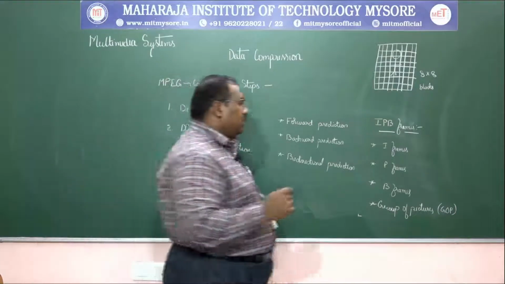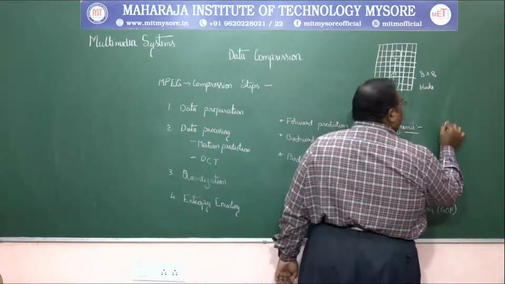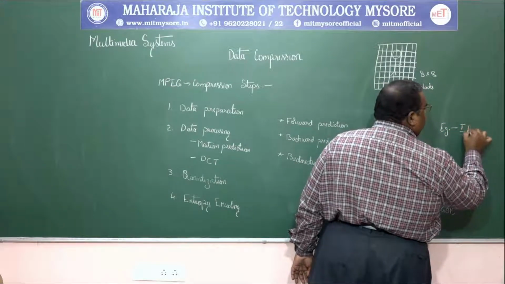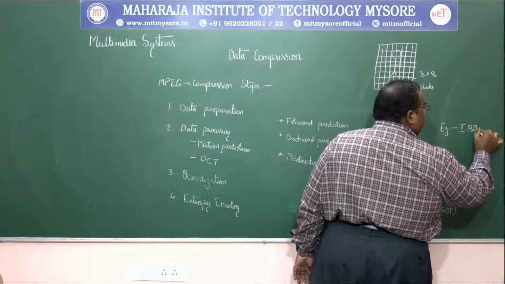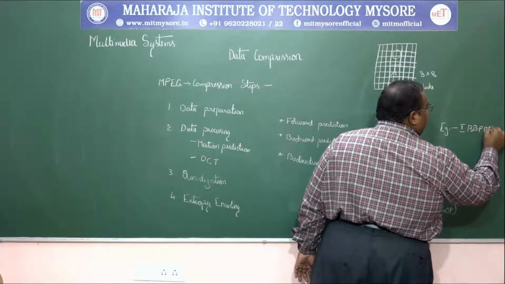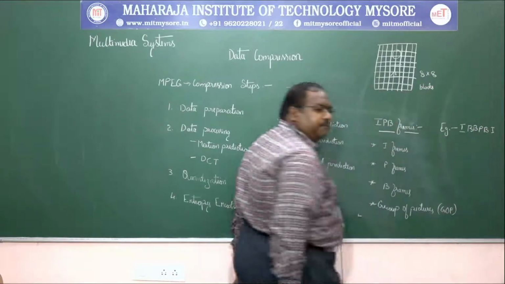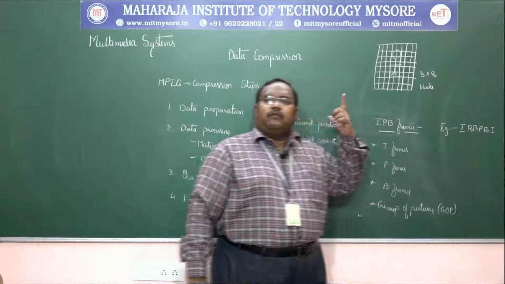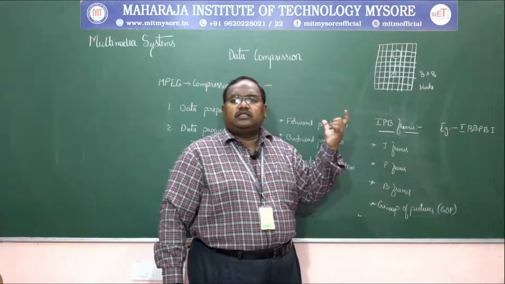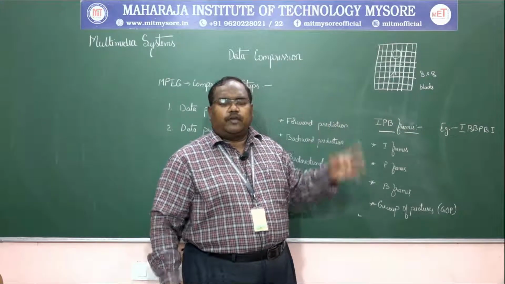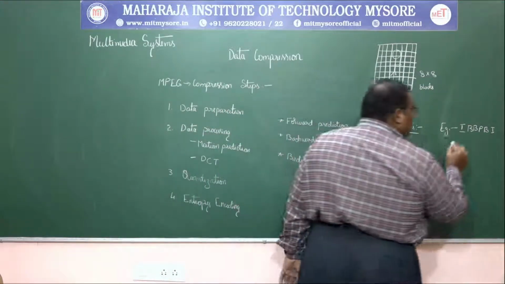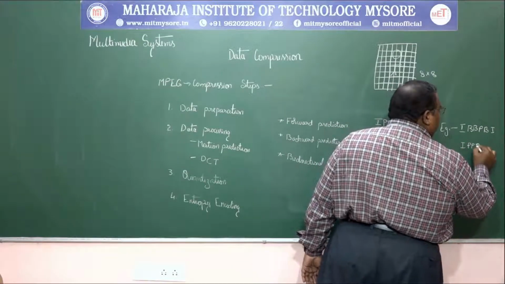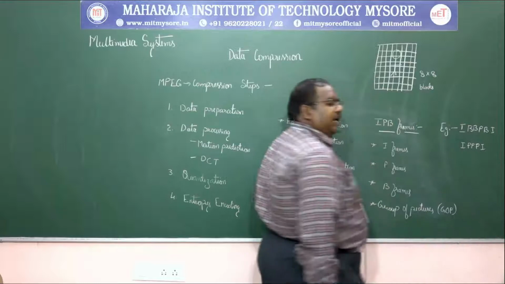For example, I write here an I frame, two B frames, a P frame, a B frame and an I frame. Look at this. Now this is said to be a group of frames. One more illustration: an I frame, three P frames and an I frame.